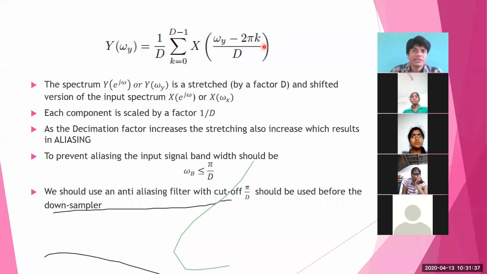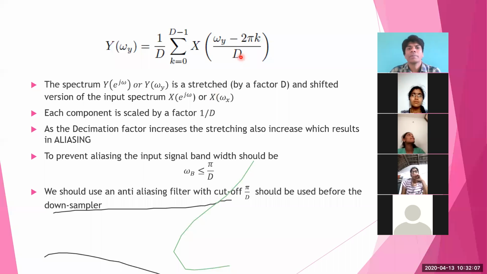In this spectrum, as you can see, there are a couple of operations. One is the frequency scaling operation, and there is a shifting operation. At the same time there is amplitude scaling, which means the first bullet tells us the spectrum of the output is in fact a stretched version of the input spectrum.